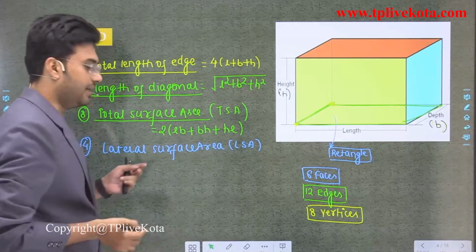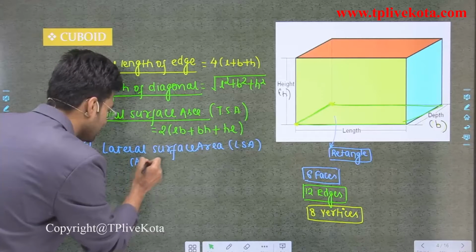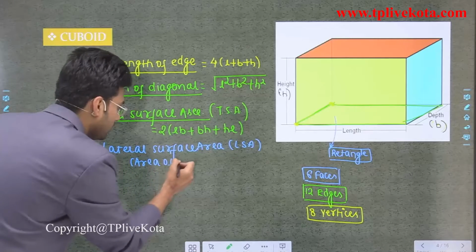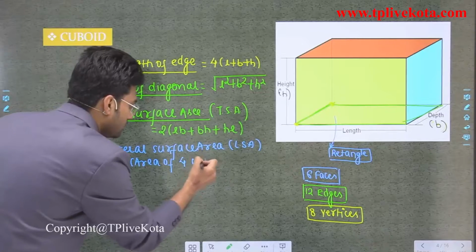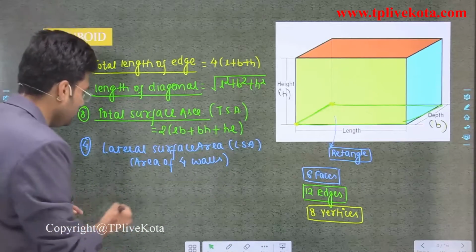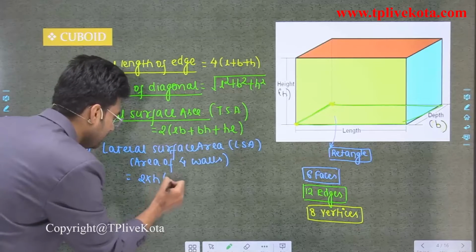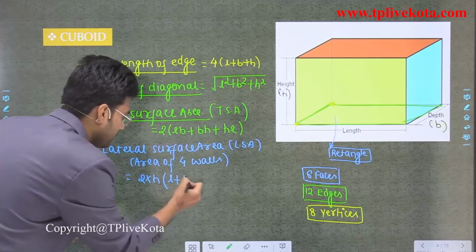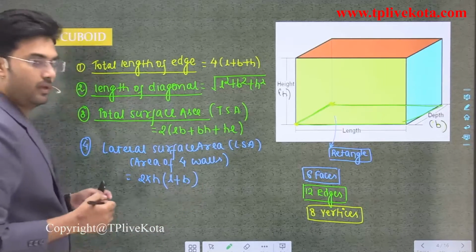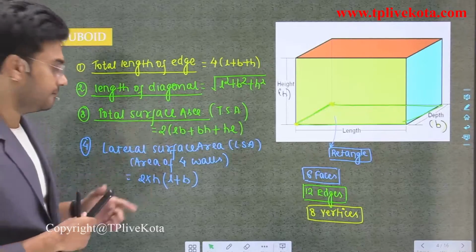And students, this lateral surface area is also known as area of 4 walls. Clear? And it is equal to 2 times height multiplied by (L plus B). So this is the lateral surface area. Clear?